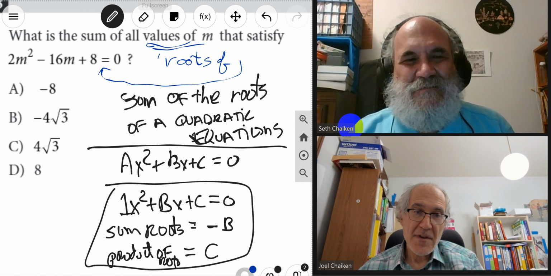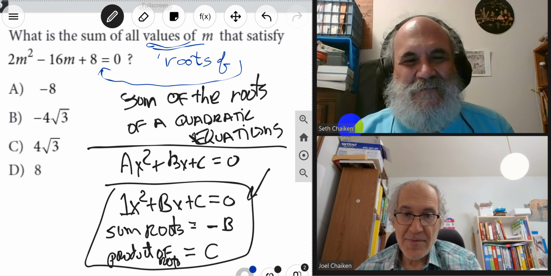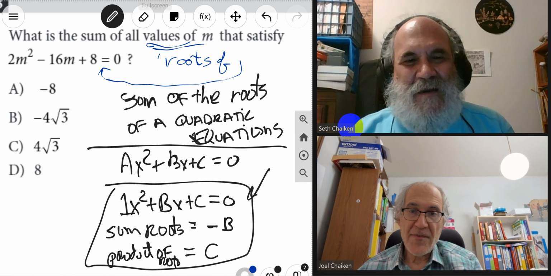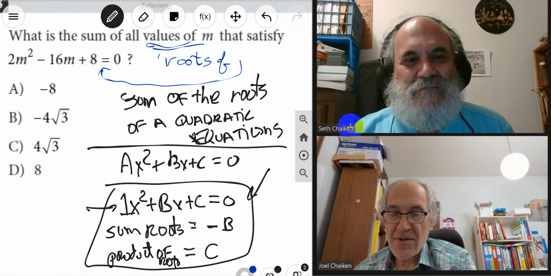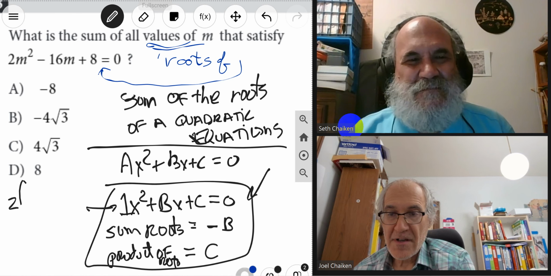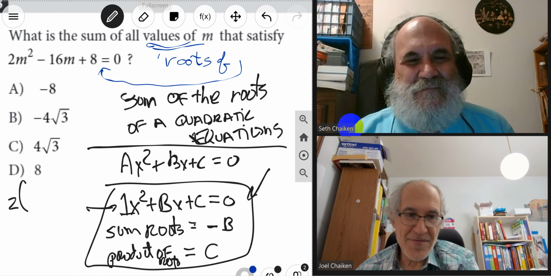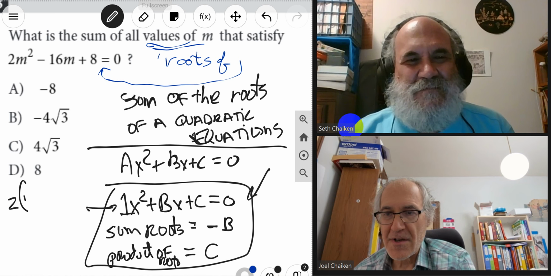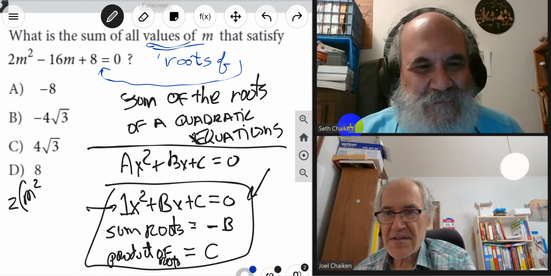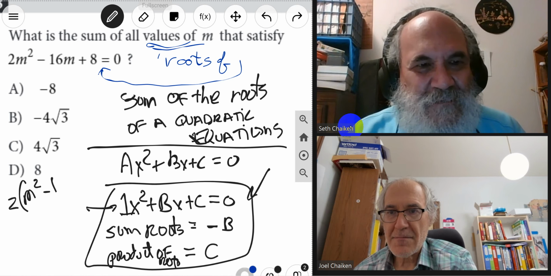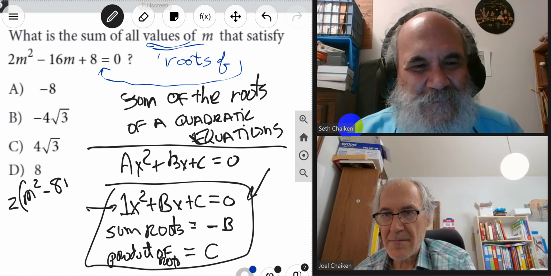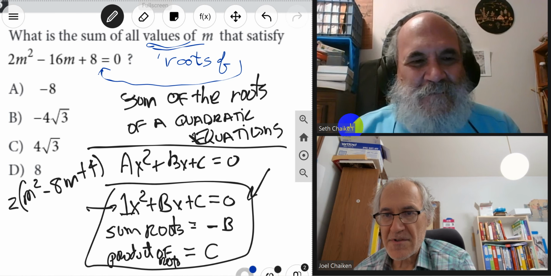Knowing this, you apply the formula. You divide by 2 because you want to make the leading coefficient one. In this case you could factor out a 2, so you get m squared minus 8m plus 4 is equal to 0.